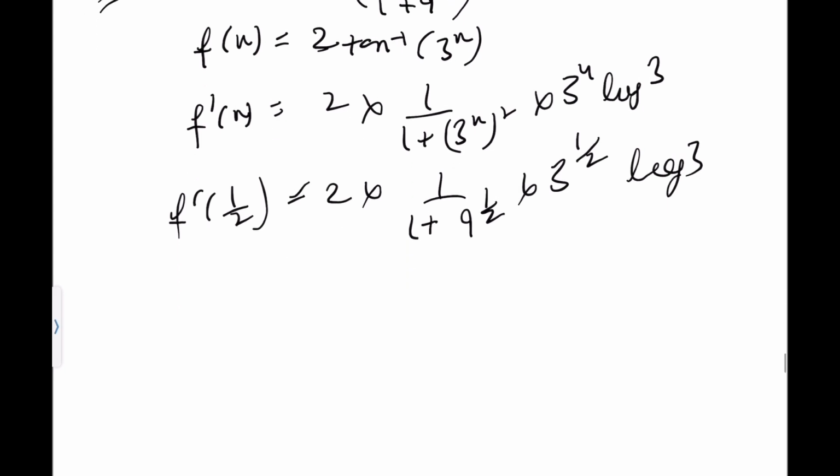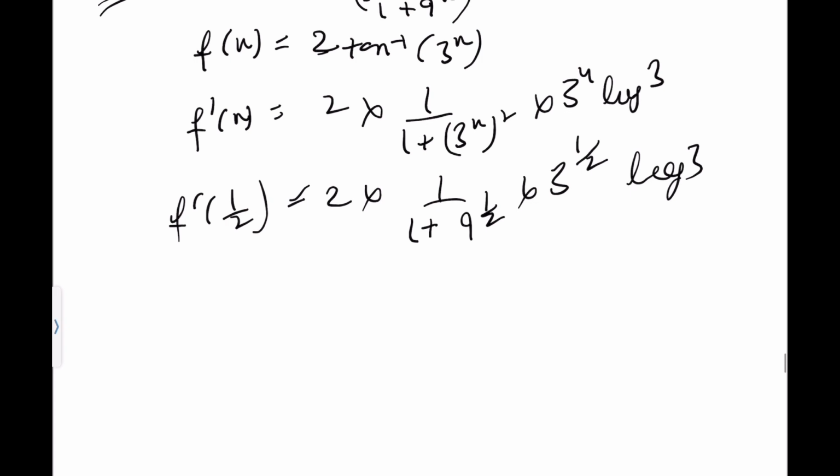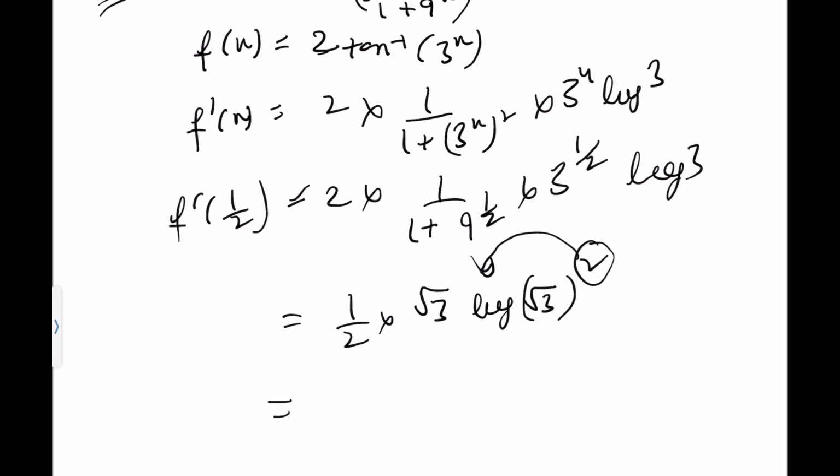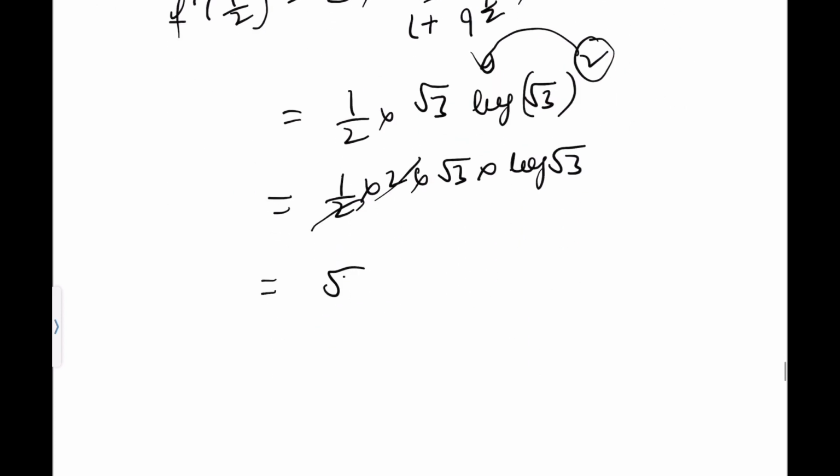Then we write it as half multiplied by root 3 into log of root 3 squared. The 2 comes forward, so what remains is half into 2 into root 3 times log of root 3. This 2 cancels the other 2, and our final value is root 3 times log of root 3, which is f dash of half.